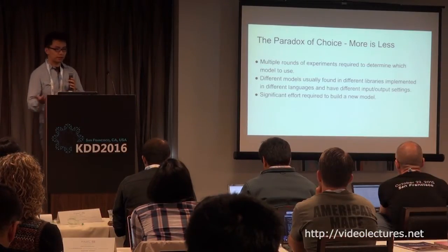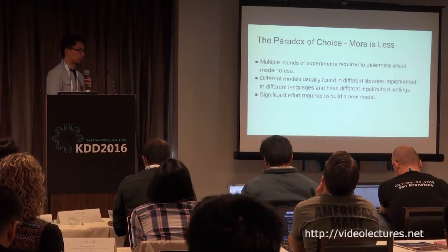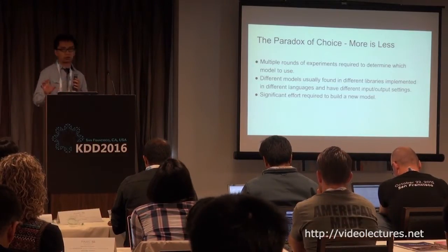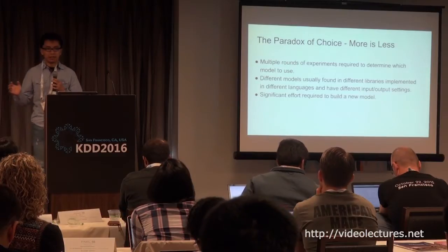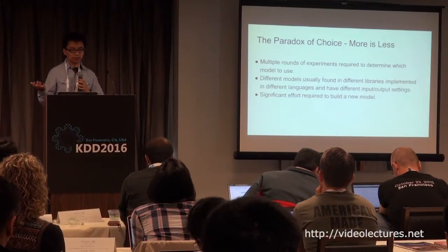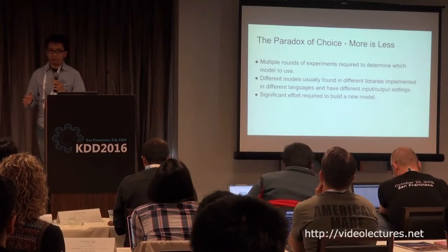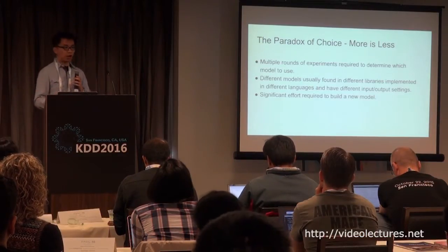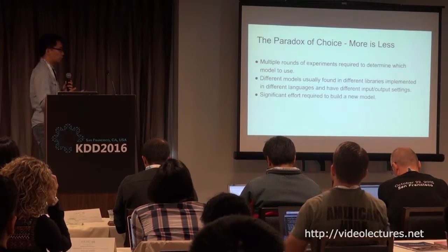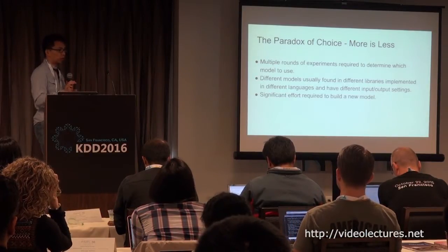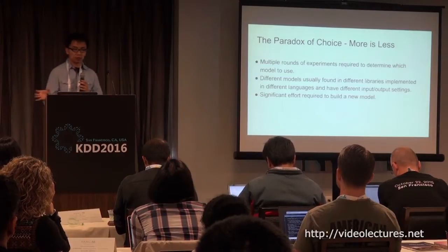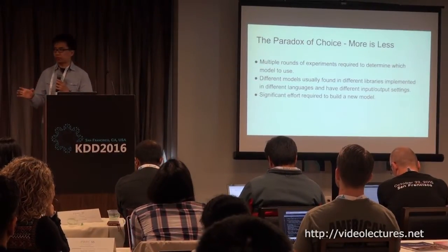And the reality is, for all the models I mentioned earlier, they all have open source implementations already. But one potential drawback is that different models may be found in different libraries. They may be implemented in different languages or have different, for example, input-output settings. So if you want to try different models on your data, you need to do a context switch, which might be expensive.